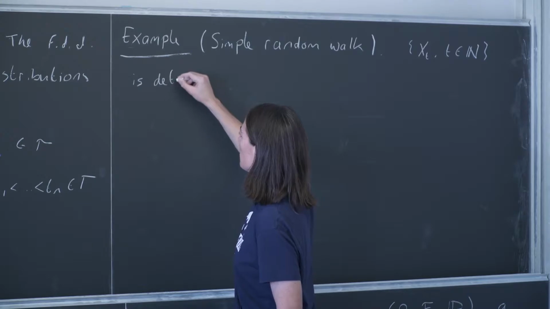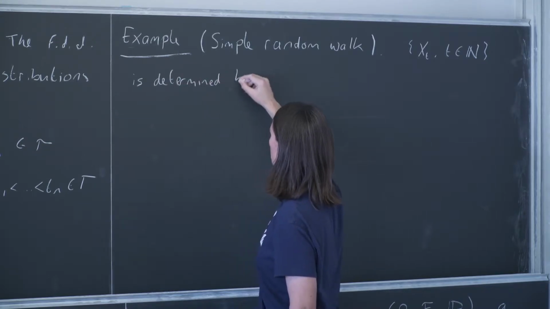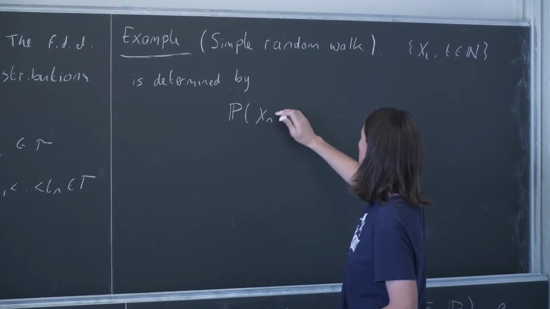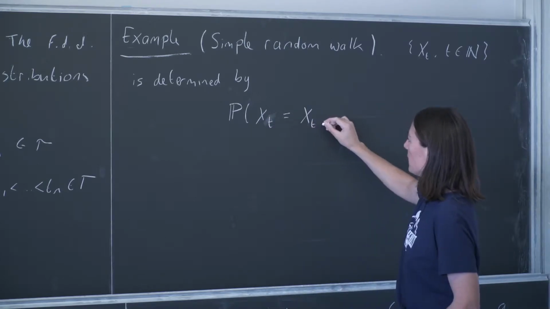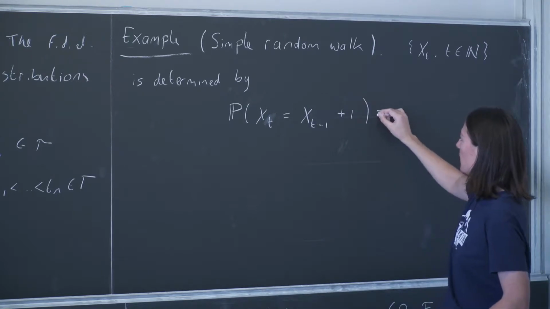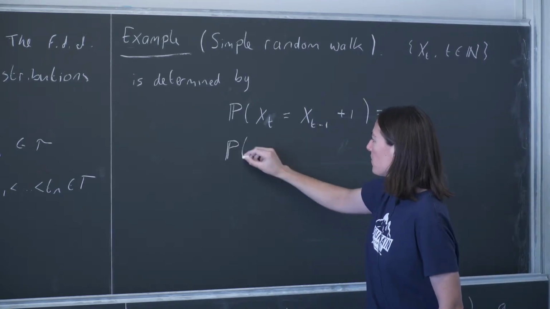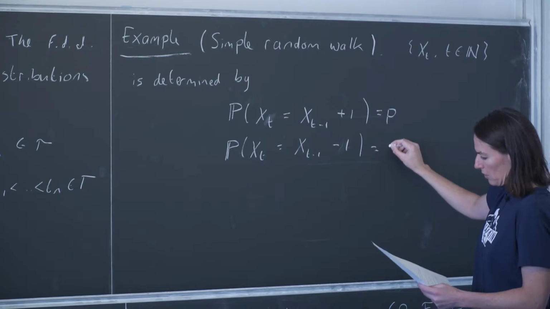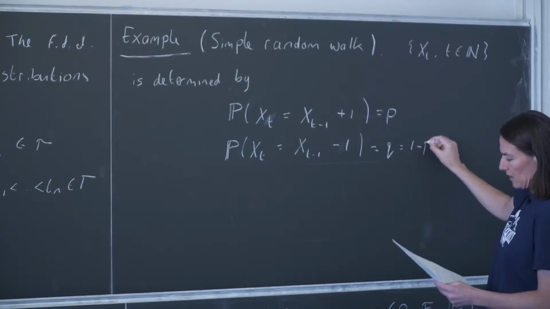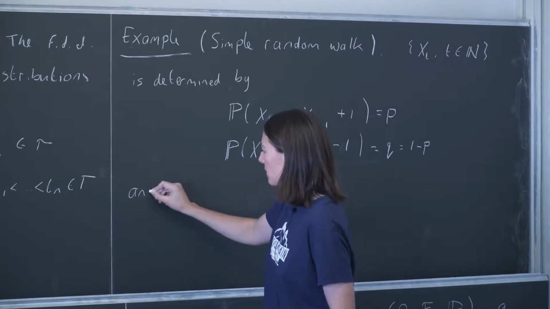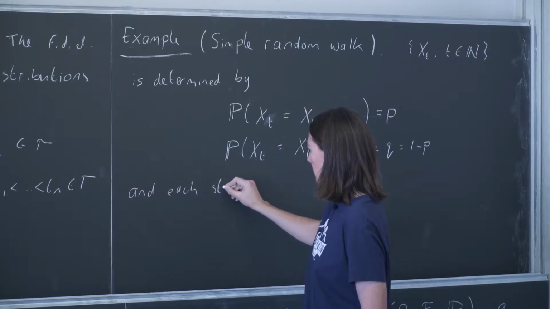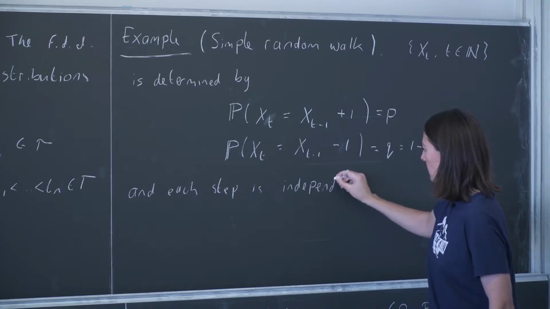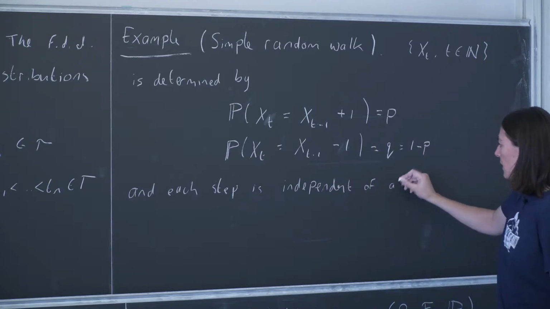It is determined by: the probability that X_t equals X_{t-1} plus 1 is equal to p, the probability that X_t equals X_{t-1} minus 1 is equal to q, which is 1 minus p, and each step is independent of all other steps.